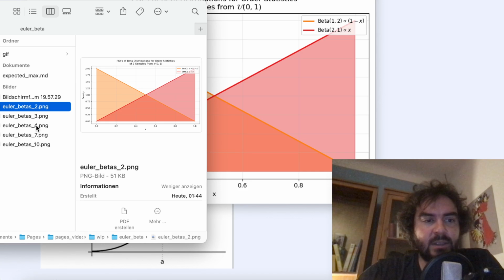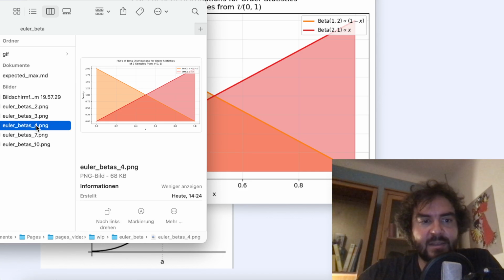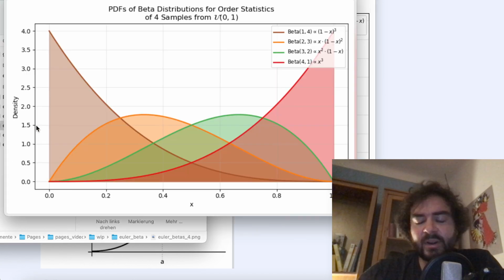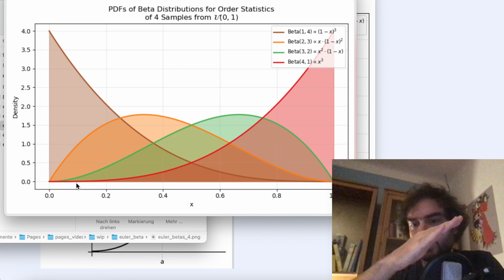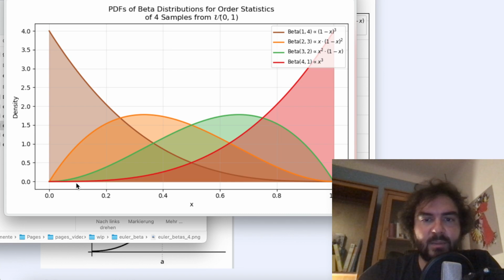And for the 4 dice situation, or the vector with 4 elements, each being drawn from the uniform distribution, you get this picture. So now it's not just linear anymore. The products just come out like this.